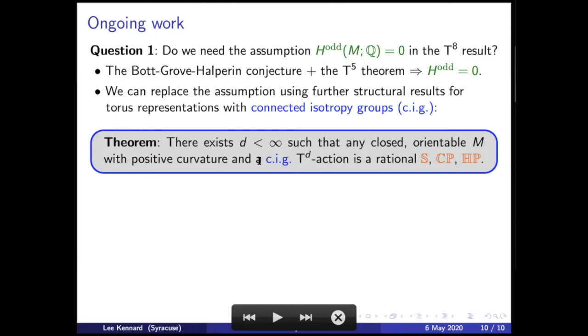This is still kind of too strong, but basically assume all isotropy groups are connected. You really only need this in a neighborhood of the fixed point set. Anyway, there's some fixed dimension D, larger than T8, where we can conclude, again, the rational cohomology of the manifold.